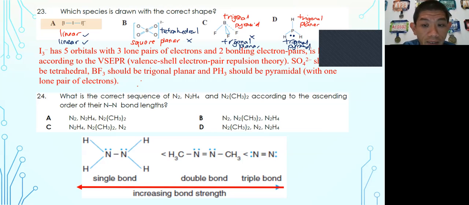So the best answer will be B. We are looking for ascending bond length. So single bond has the greatest bond length.